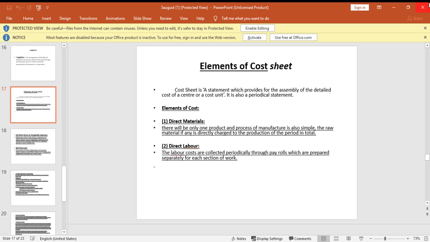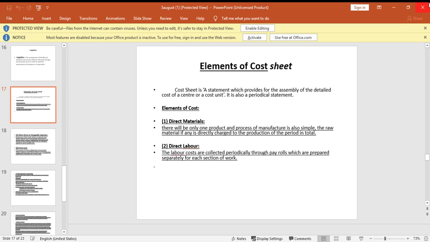What are the direct materials? There will be only one product and the process of manufacture is also simple. The raw material, if any, is directly charged to the production of the period in total.